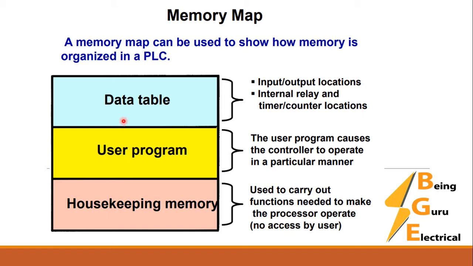The user program is the one in which we put our ladder logic or user-defined program. Housekeeping memory comes built in with the PLC and cannot be changed by the user. So this is about the memory map.